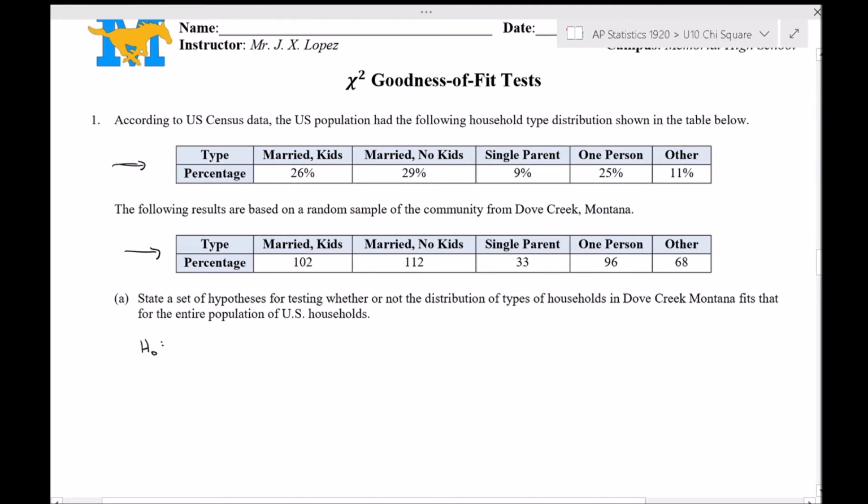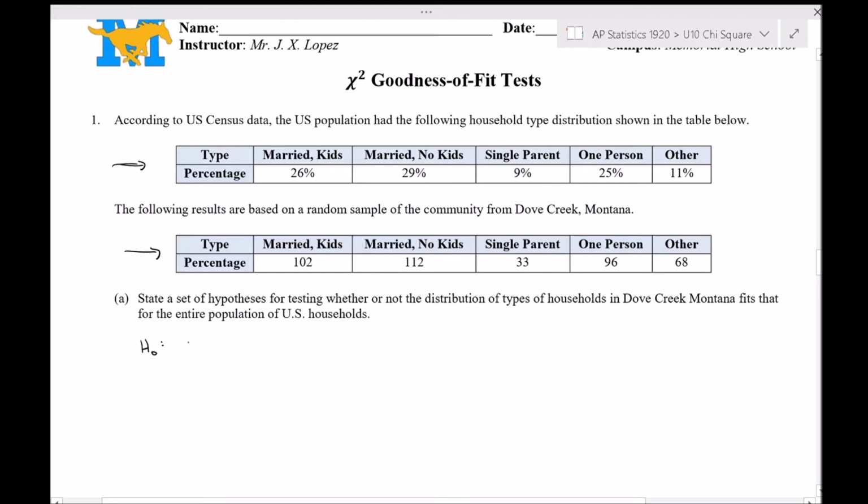The way we normally do this isn't done qualitatively, this is done numerically. So we give actual proportions in this case. There are 5 categories, so we're going to have 5 proportions, and collectively those 5 proportions must add up to 1, or 100% if you're talking about a percentage.